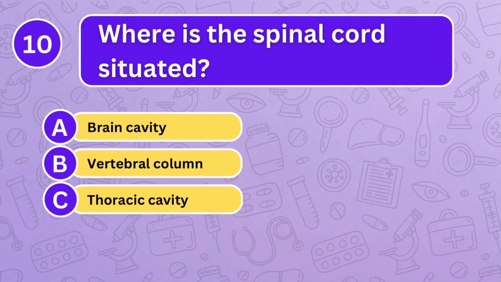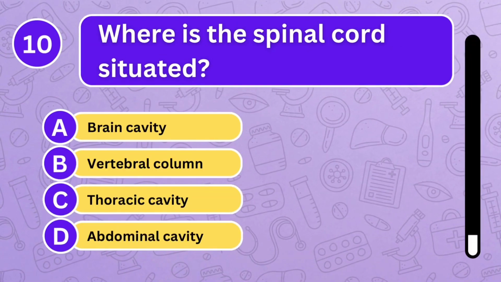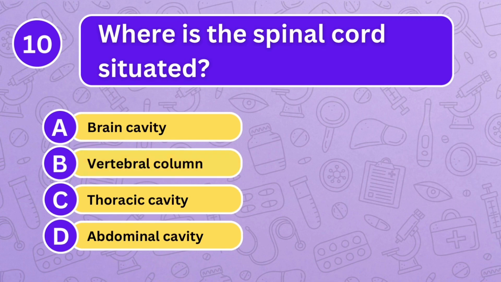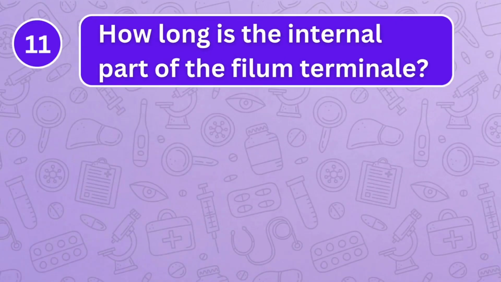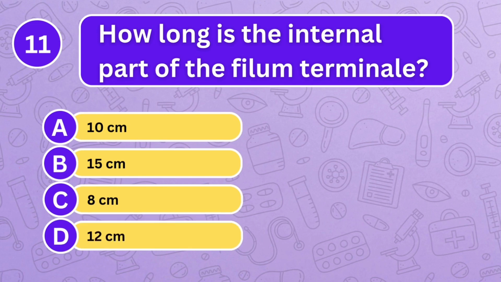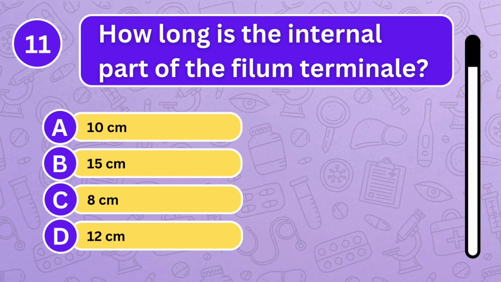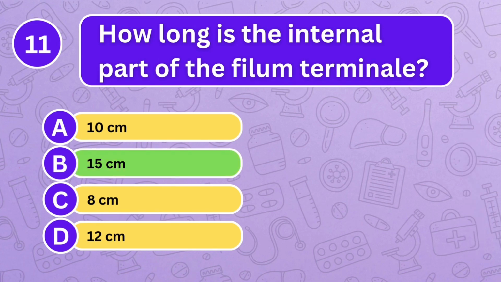Where is the spinal cord situated? Vertebral column. How long is the internal part of the filum terminale? 15 centimeters.